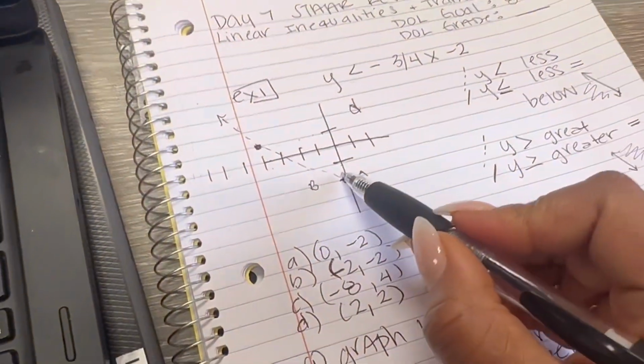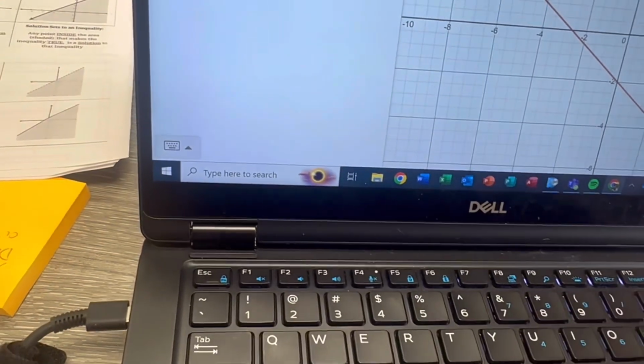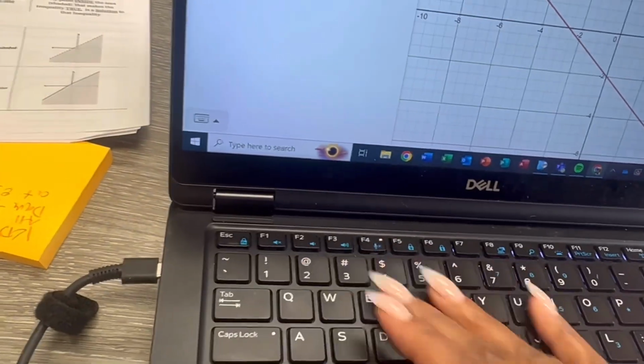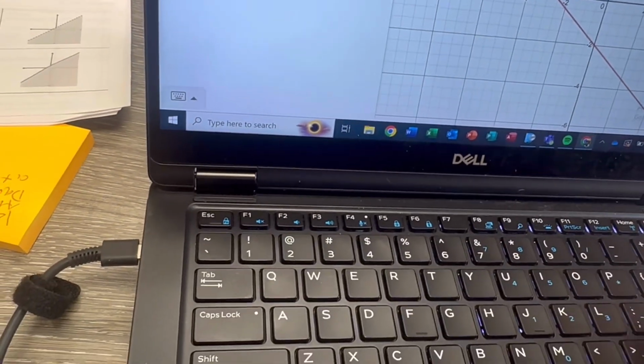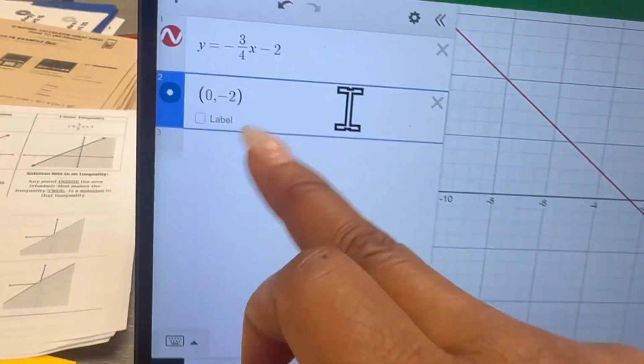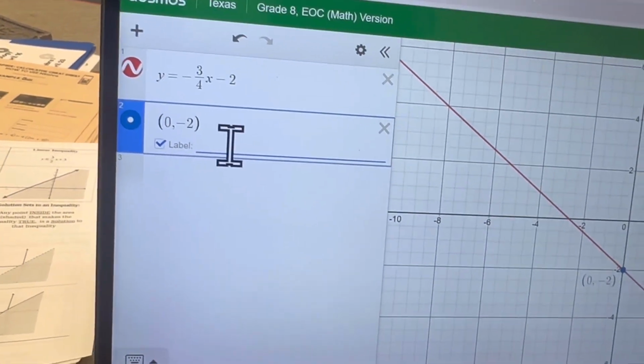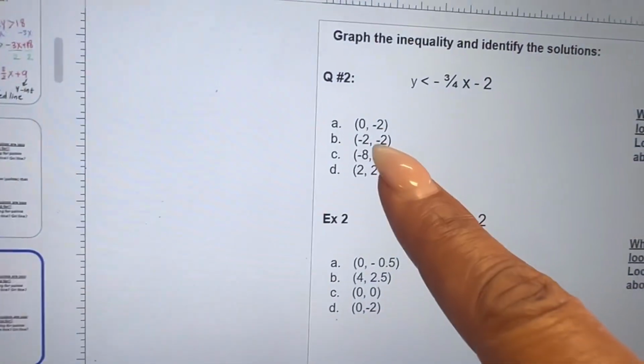So we've got the line, right? And go ahead and plot your points on Desmos or any graphing calculator that you have if it lets you do it. 0, negative 2. You're going to label this one A. And then go ahead and plot negative 2, negative 2. Again, this is our question, right? You plot all your points given.